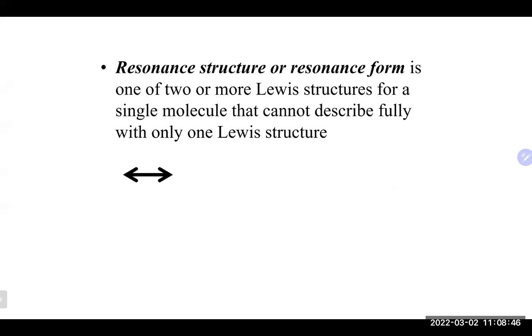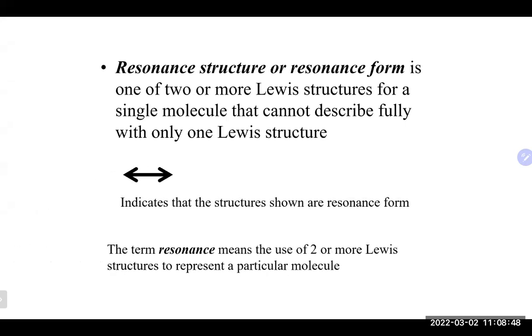Now, we talked about resonance structures as we were drawing our pictures, but resonance structures really do arise from situations where you have to make a double bond, and there are multiple options of where you could make that double bond. As we talked about with CO2 or CO3 2 minus, those double bond electrons really are delocalized, which means they're really just traveling around from outside atom to outside atom.